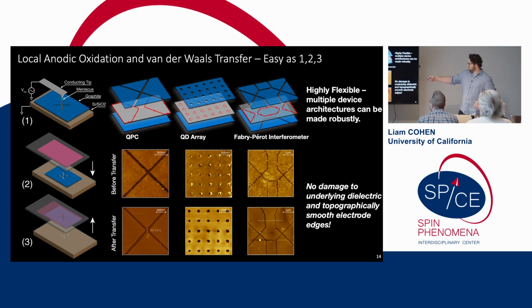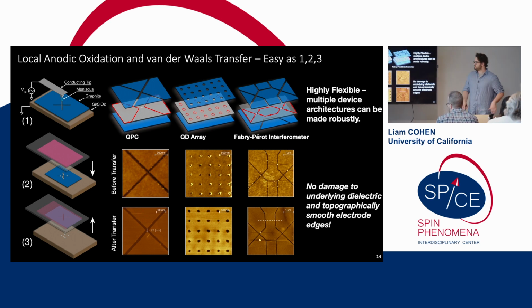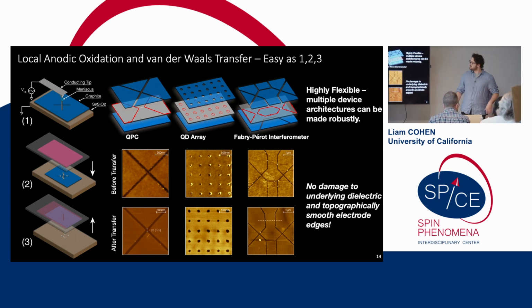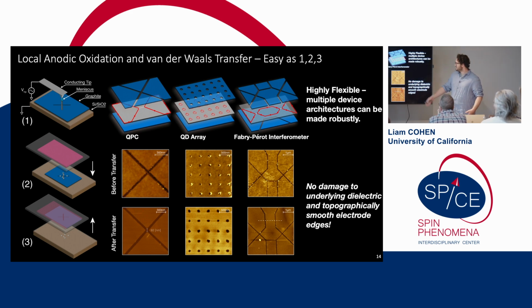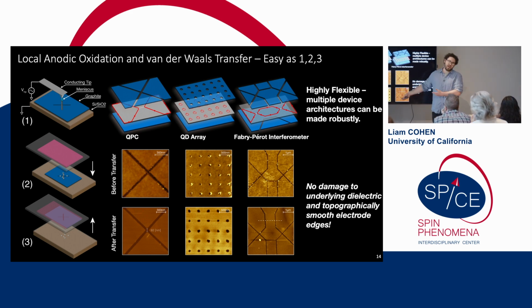These are basically AFM topographs taken after AFM cutting a graphite, before transfer and then after transfer. The idea is, you can make a whole bunch of different structures with this. It's a very versatile technique. You can get down to 50 nanometer scale cuts. You can see in the most stark version of this, a whole array in graphite, a lot of these very sharp features in the topographs indicating essentially oxidized residue.